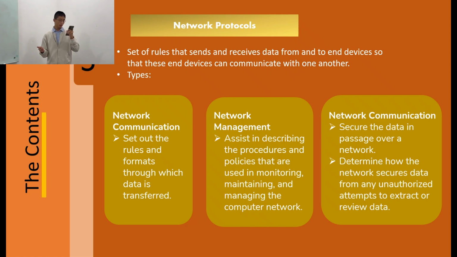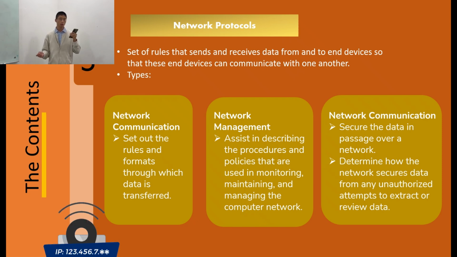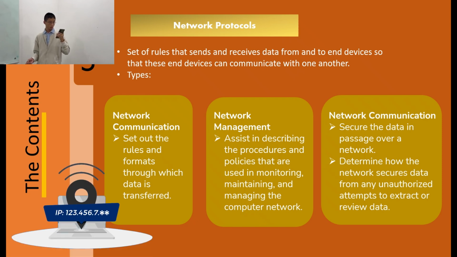It secures the data in passage over the network. It determines how the network secures data against any unauthorized attempts to extract or edit data. For example, we have IP, Internet Protocol, for this.